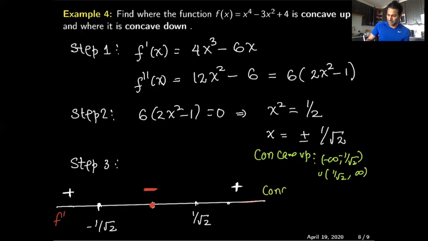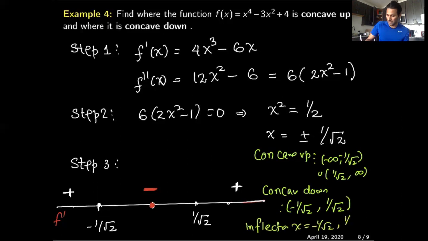Concave down is minus 1 over root 2 to 1 over root 2. The inflection points are x equal to minus 1 over root 2 and 1 over root 2, because the function changes from concave upward to concave downward, and then concave downward to concave upward at these points.